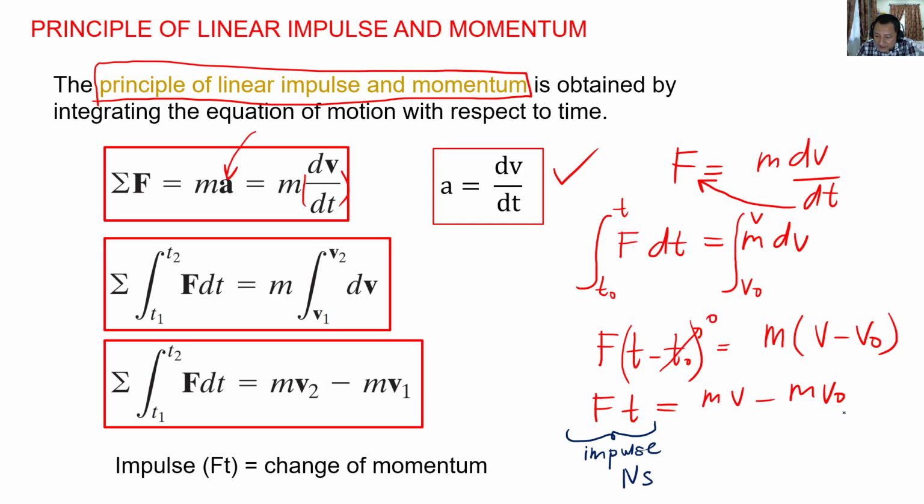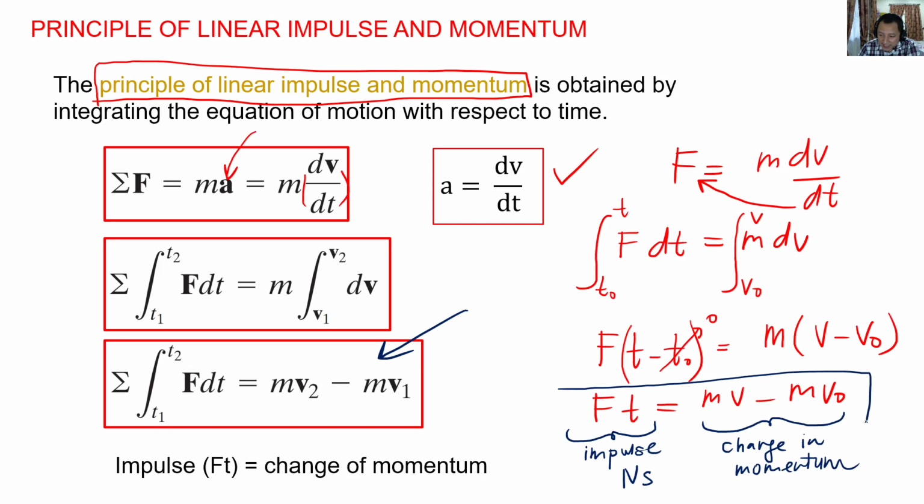So now you have something called change in momentum. By using this formula, which is the integral of F dt equals mv2 minus mv1, you can solve a lot of problems by using the principles of impulse and momentum.